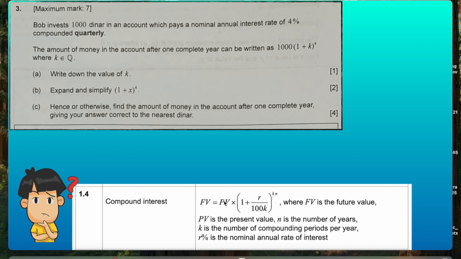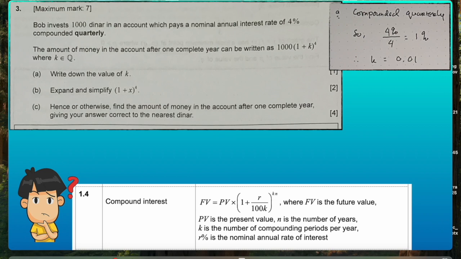PV, present value, that is 1,000, and then we have 1 plus r over 100, or r percent, divided by k. Okay, let's try to answer that. So there you go. We have the interest rate 4% divided by 4, because the money is compounded quarterly.